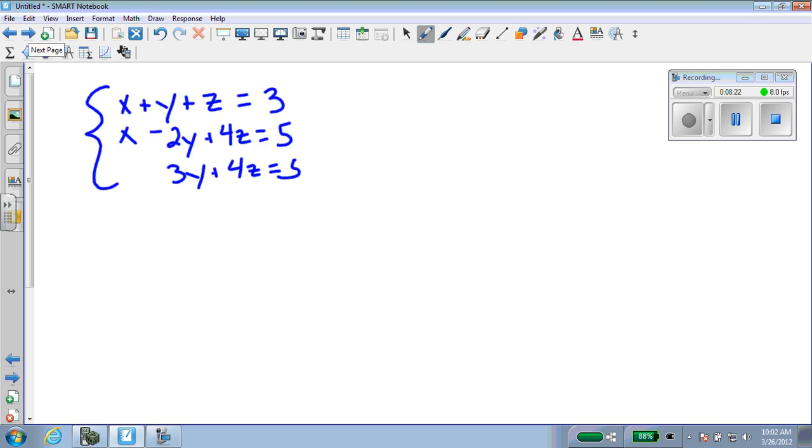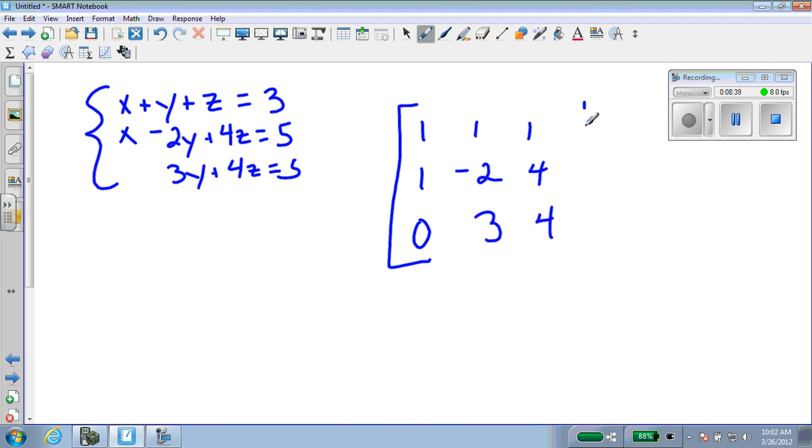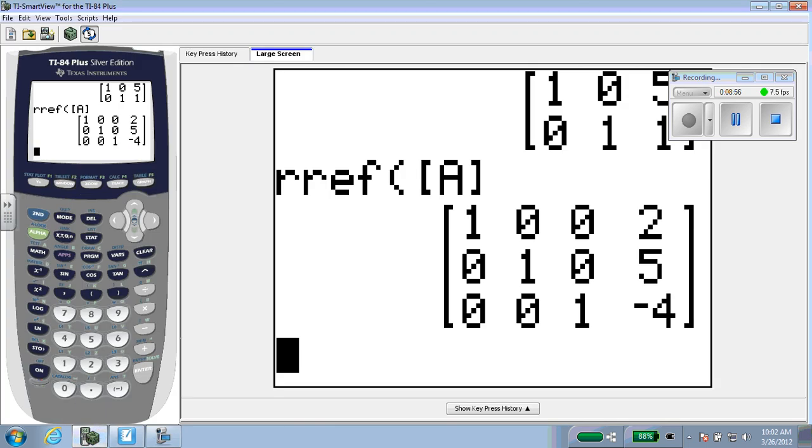Okay, so let's try another one. 1, 1, 1, 1, negative 2, 4. If there's no variable, then we're going to fill a 0 in our matrix. 3, 4. Those are our coefficients. And then 3, 5, 5. So, second matrix.